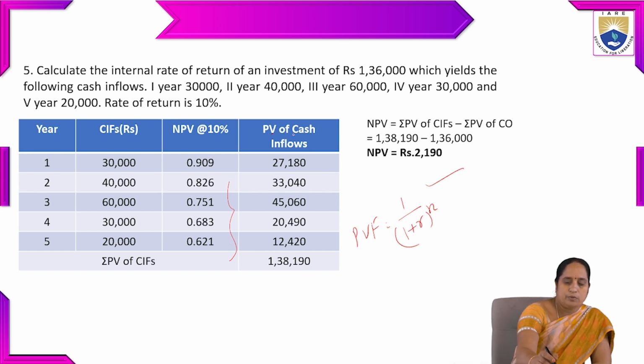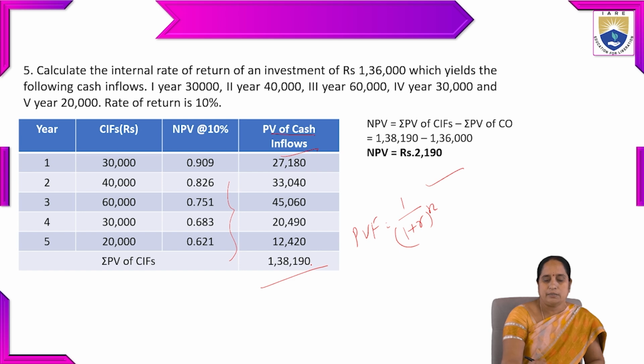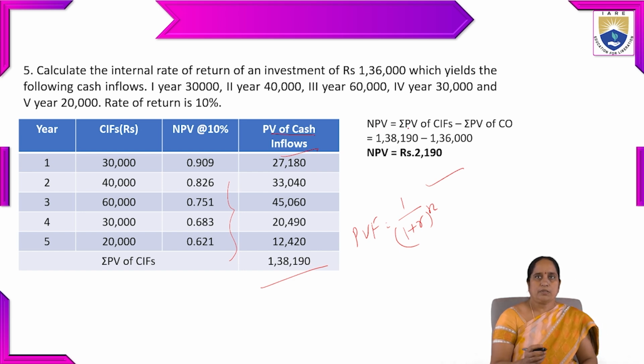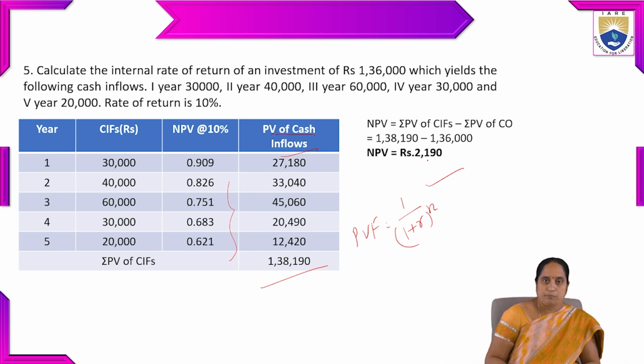Then find out present value of cash inflows, just simply multiplying 30,000 with PV factors. Then the sum of PV of cash inflows is 1,38,190. Then substitute in the formula: NPV is equal to sum of present value of cash inflows minus sum of present value of cash outflow. So here we got a positive NPV.